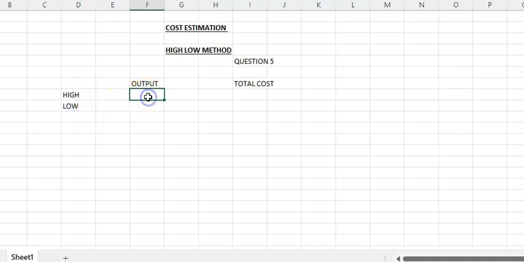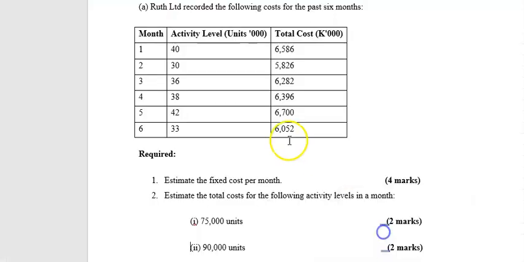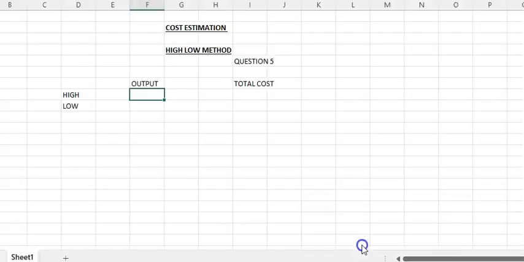So what was the highest output? You check it from here. The highest output is 42. What is the lowest output? 30. So we go and we put there on the output, the highest 42, the lowest 30.